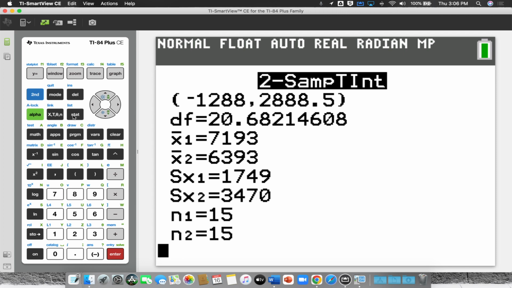Right underneath there is the degrees of freedom. That's the more accurate degrees of freedom. We used 14. More accurately would be 20.68, and so on. We approximated it. How did they get that number? They used the formula I gave you. You don't have to use that formula ever. You either approximate it or you use the calculator, either one.